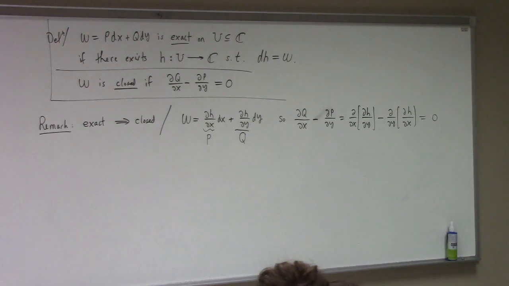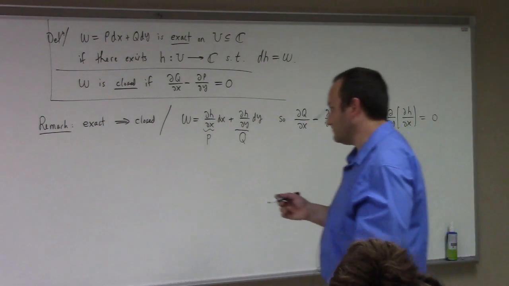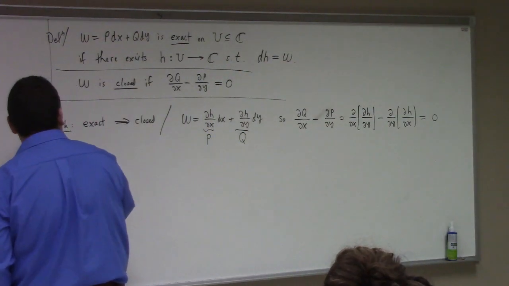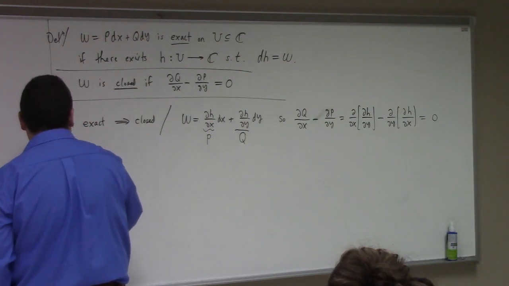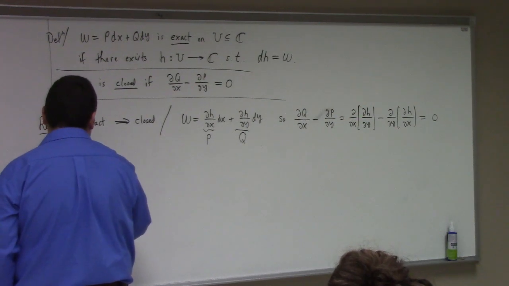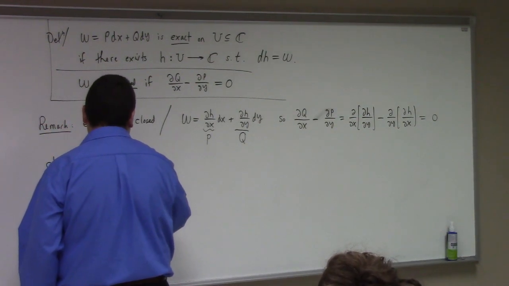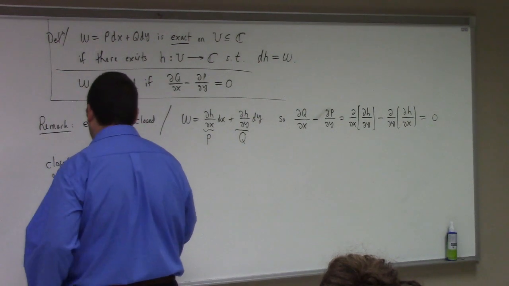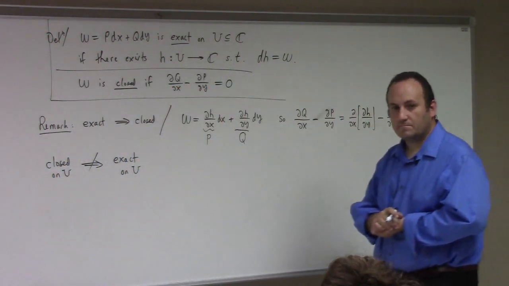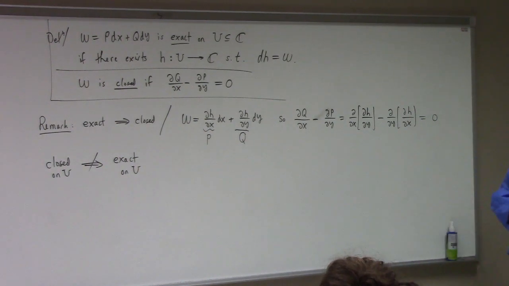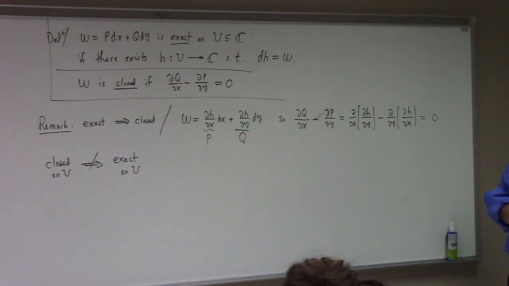The other direction is not always true. It is not generally the case. The other way around, closed on U does not generally imply exact on U. All right? There are counterexamples. I'll show you one here, hopefully. However, if we add a topological condition to U, it turns out that that implication is in fact realized.